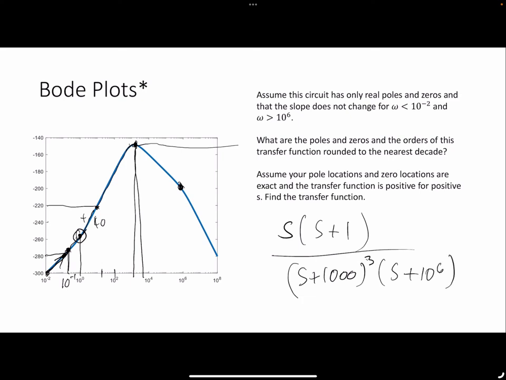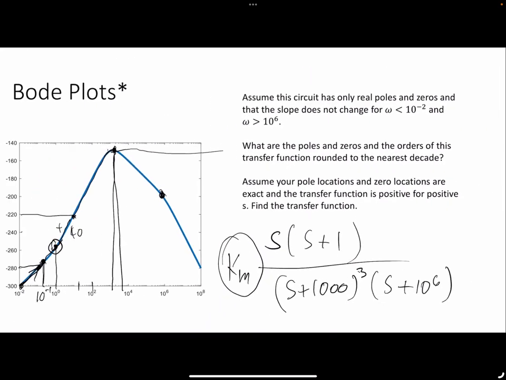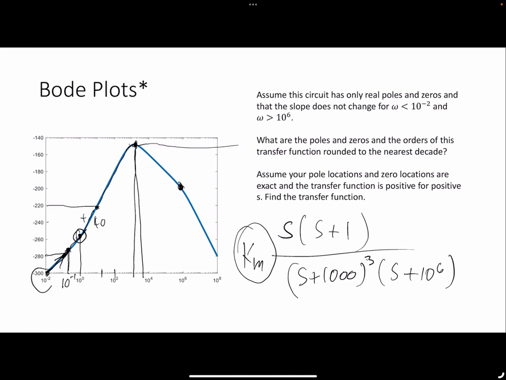Now I also need to figure out the factor that this needs to be multiplied by. To do that, I can just pick any value of h. So let's say I pick this 10 to the negative 2. At 10 to the negative 2, I get negative 300 decibels, which is also equal to 10 to the negative 15.